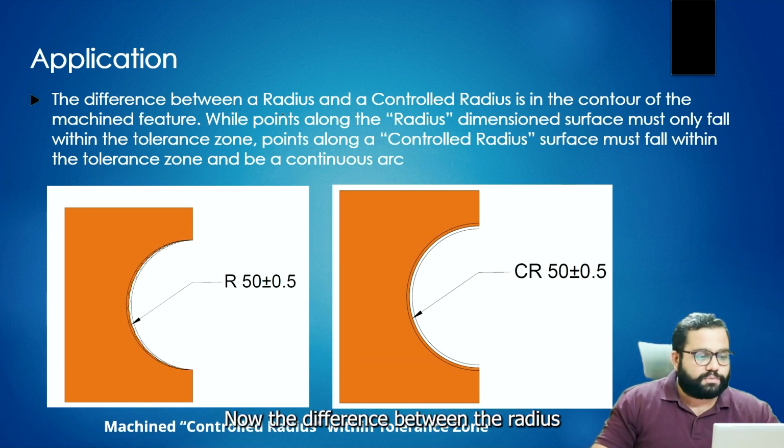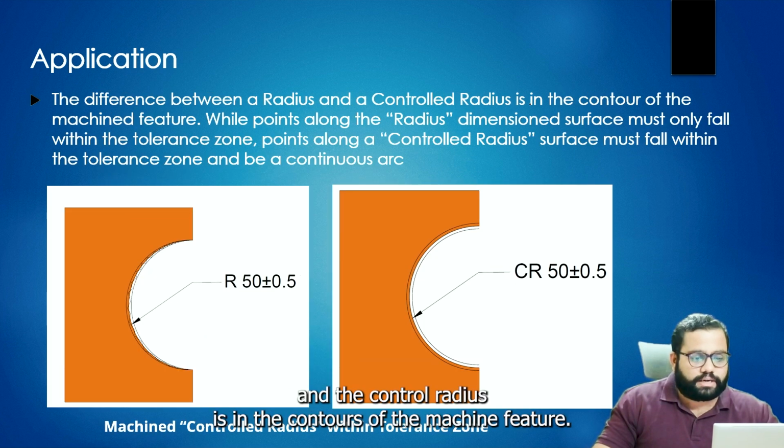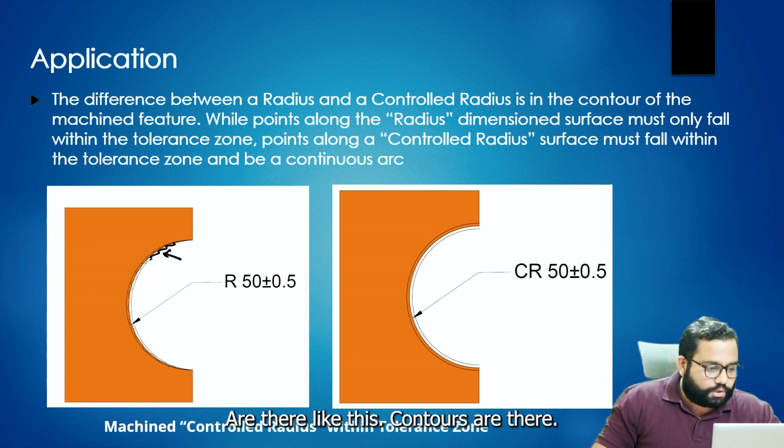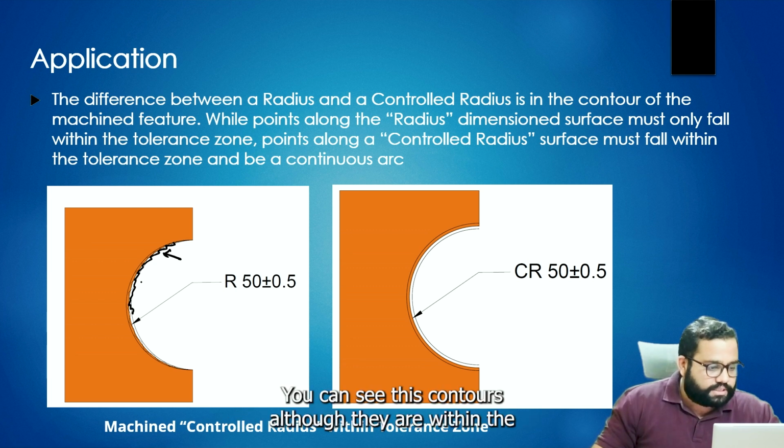Now, the difference between the radius and the controlled radius is in the contours of the machined feature. You can see in this example that there are a lot of contours like this.